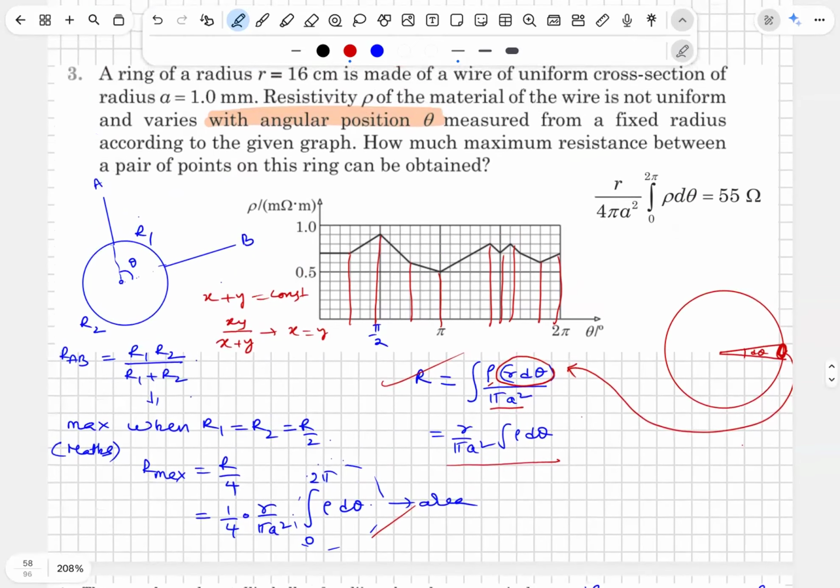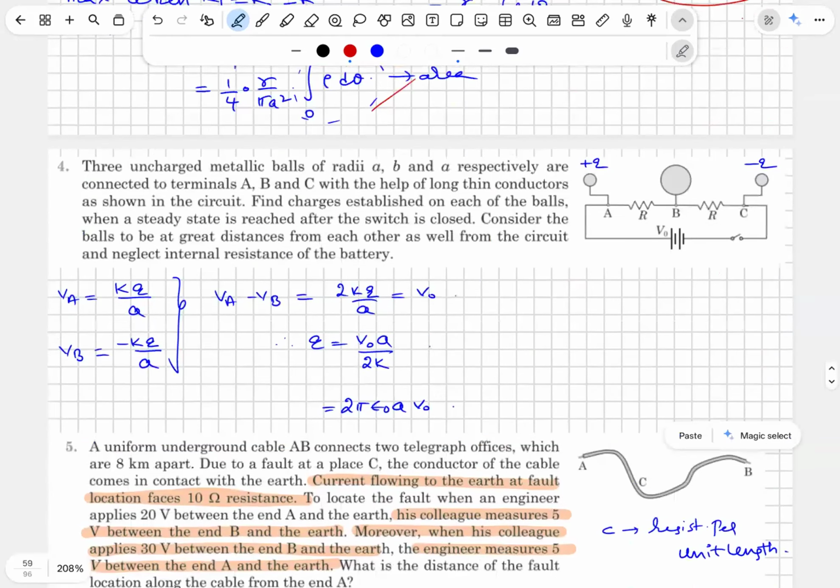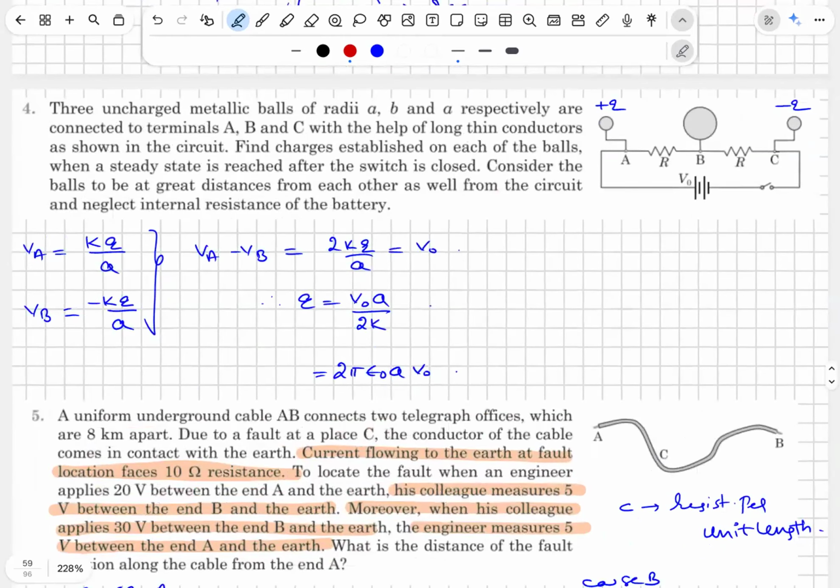Yes. Ring as a material is a wire. A wire cross-sectional area is pi a squared. Most simple question. Please go through.